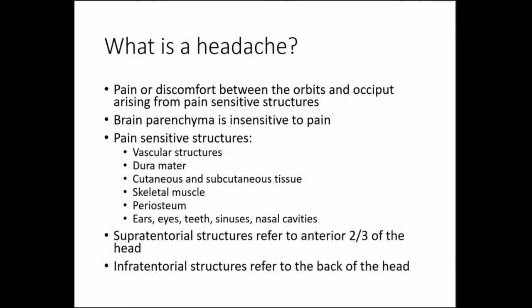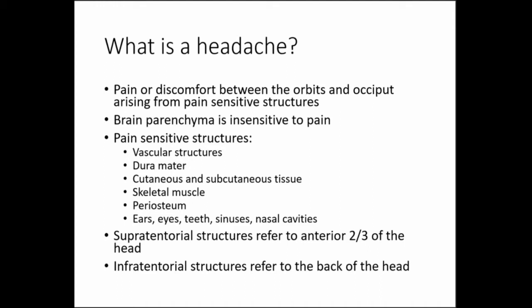So it's important to understand what a headache actually is, and what the origin of pain in a headache is. Essentially, you have a pain which originates from between the orbits and the occipital, so the eyes to the back of the head, and it arises from pain-sensitive structures in this area. So the brain parenchyma itself, the actual brain, has no ability to sense pain.